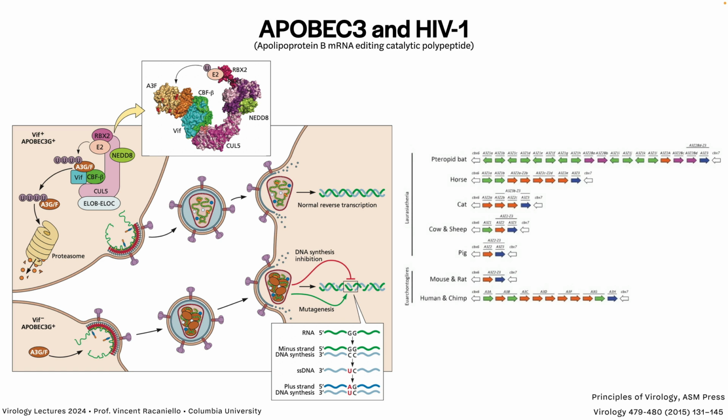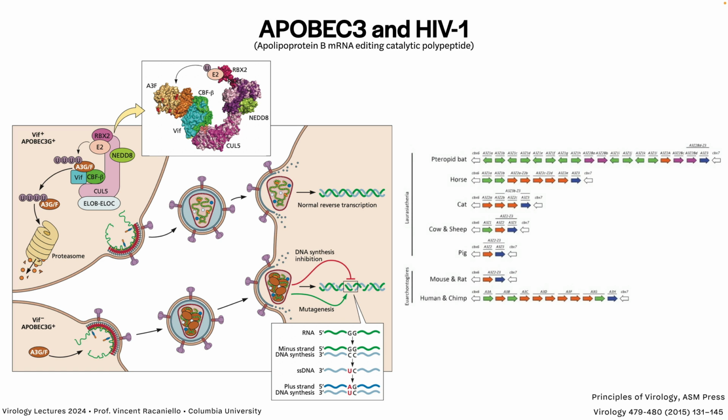And the single-stranded DNA can be deaminated by APOBEC that is contained within the virus particle. And when you deaminate, you convert a C to a U, and then in the making of the other strand, you now have a base change. And so it introduces mutations throughout the genome. So it's a deaminase that introduces mutations throughout the genome. These proteins, by the way, have other roles in the cell, and they're thought to be dysregulated in some cancers as well.